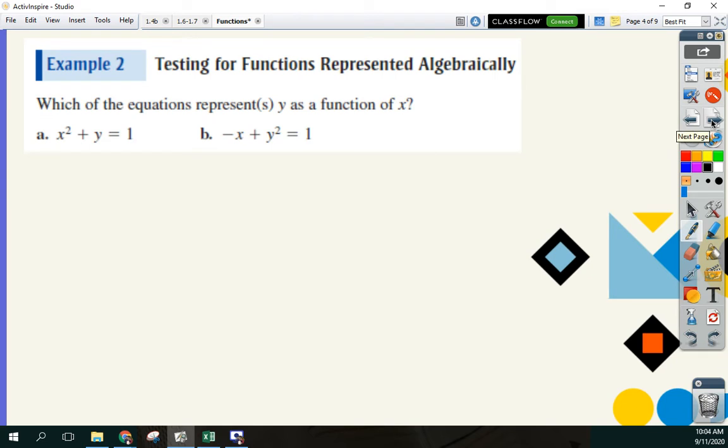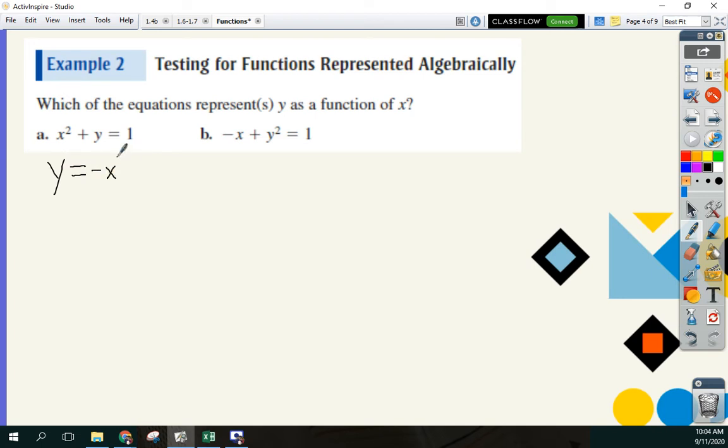All right, and then lastly, again, this is the representation that usually we're most familiar with, which is our algebraic. However, some of us still need to be reminded a little bit about how we can figure out if something is a function or not. So usually the way that we want to write our equations is with our y solved.